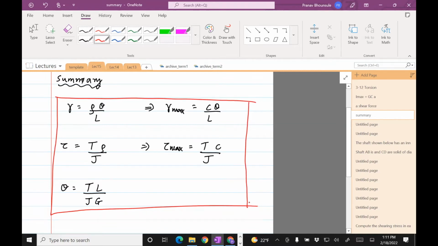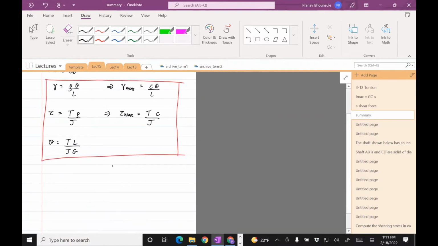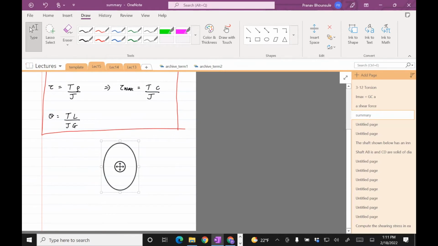Does the rho stand for the radius? Yes, rho is, let me just draw it here. If you have a circle, so I'm drawing a side view, so it looks like an ellipse. Okay, this is not a hollow shaft.